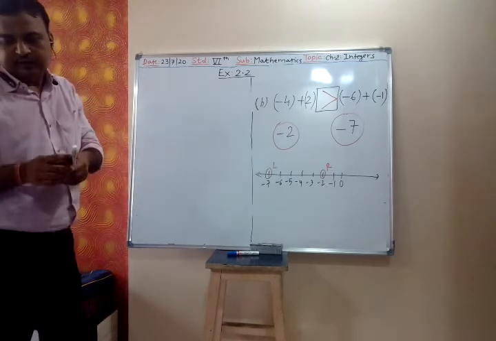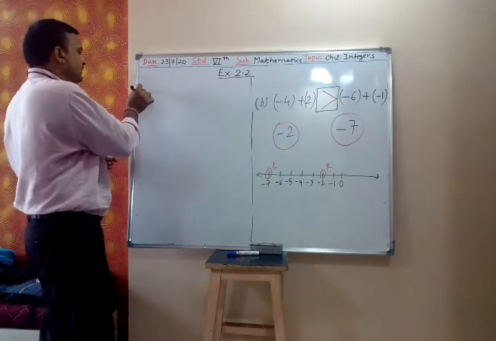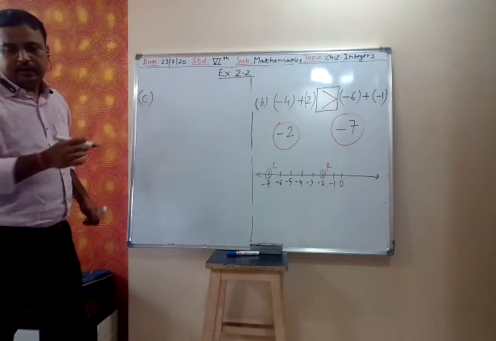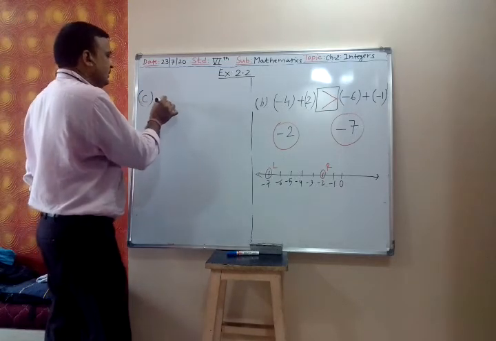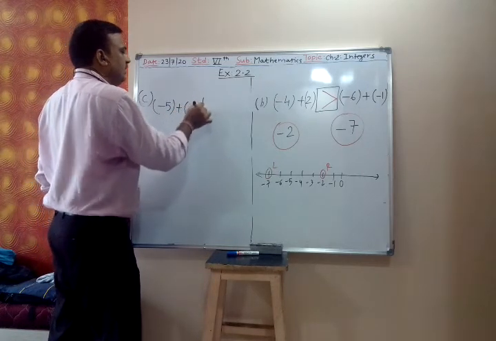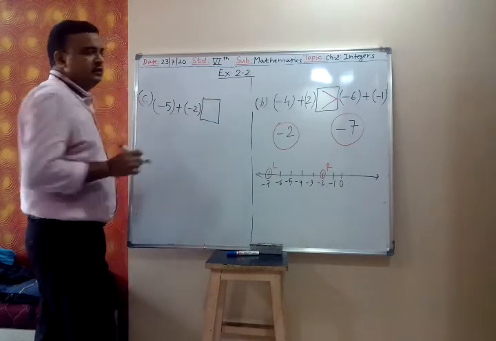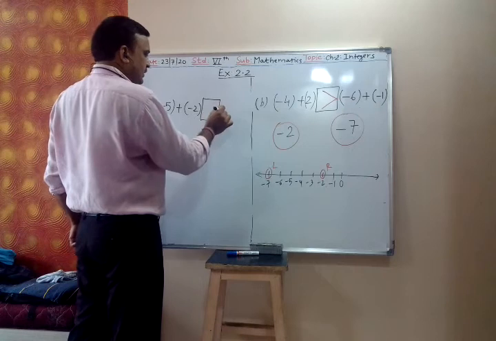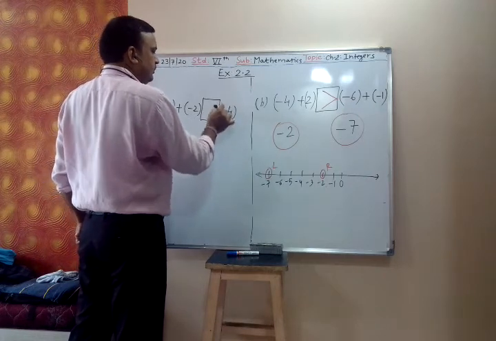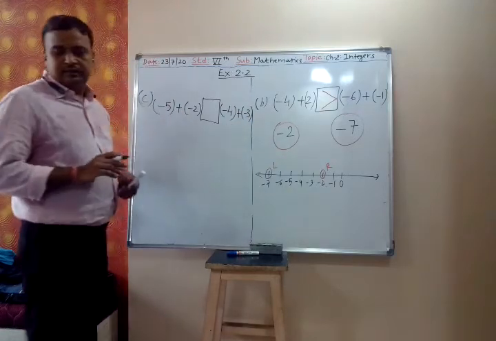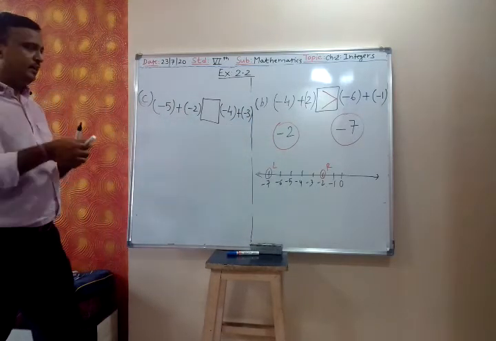Now the C part. Minus 5 plus minus 2. Minus 4 plus minus 3. Now let us simplify.